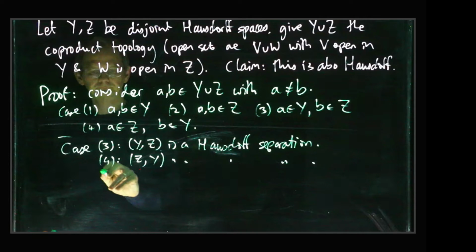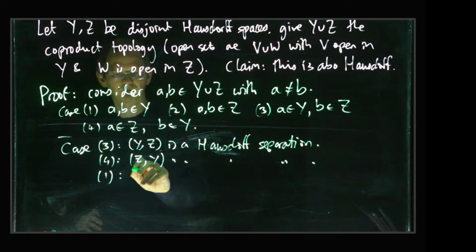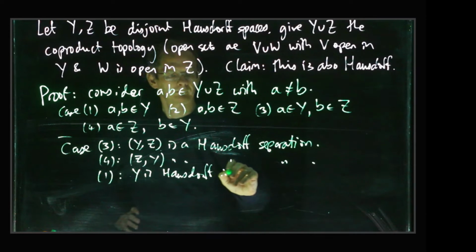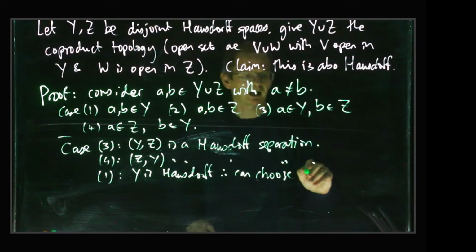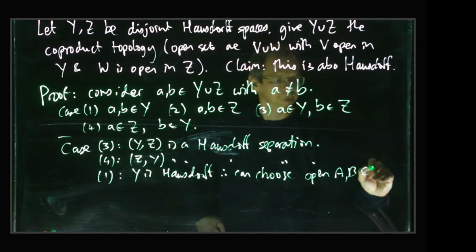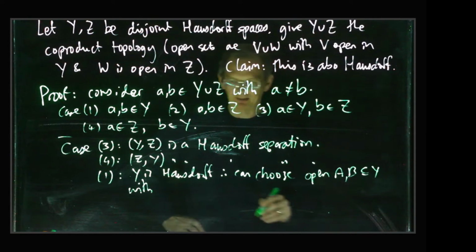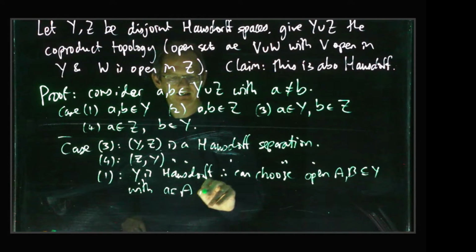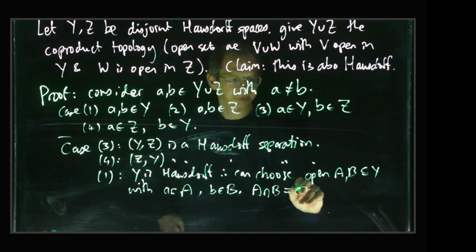So case 1: Y is Hausdorff, so we can choose a Hausdorff separation in Y. I'm going to call the sets capital A and capital B, which is more convenient. So little a is in big A, little b is in big B, and A intersect B is empty.